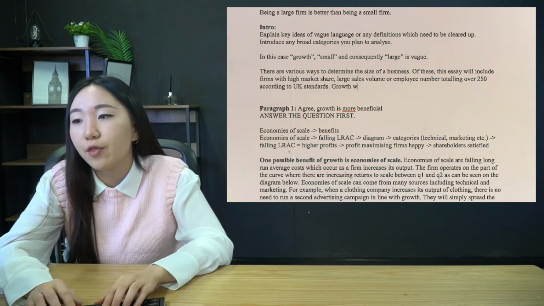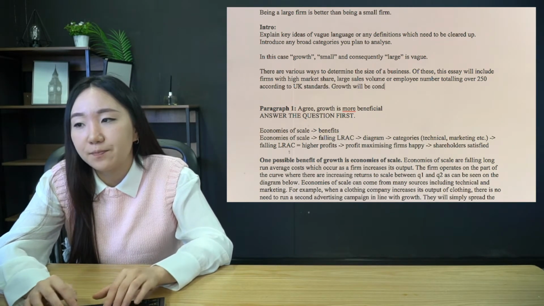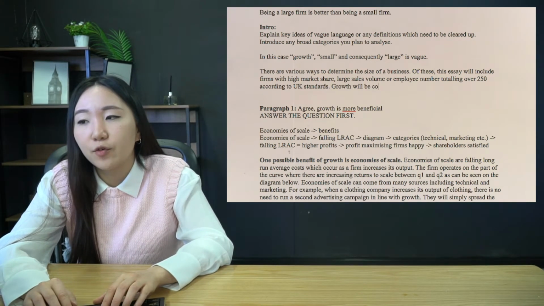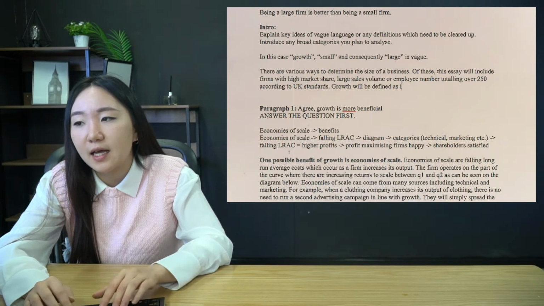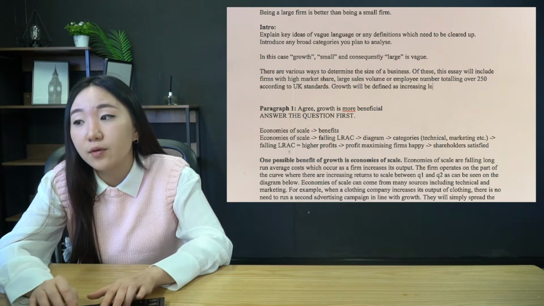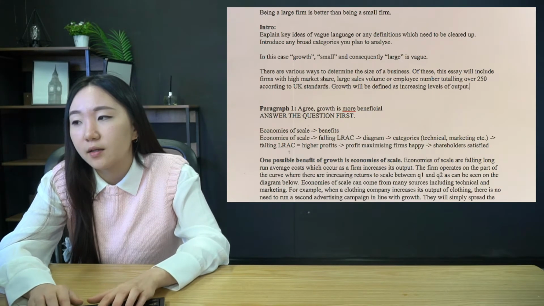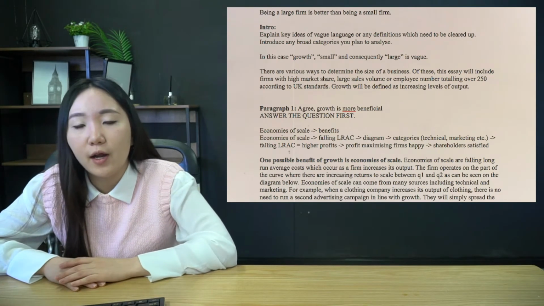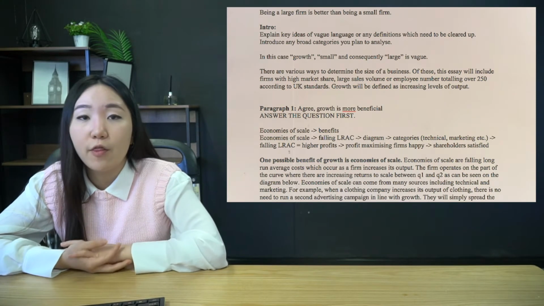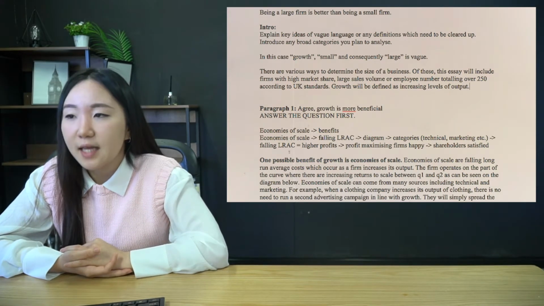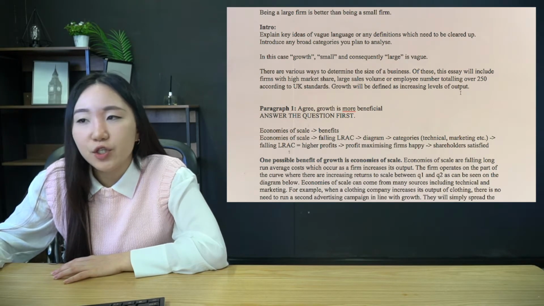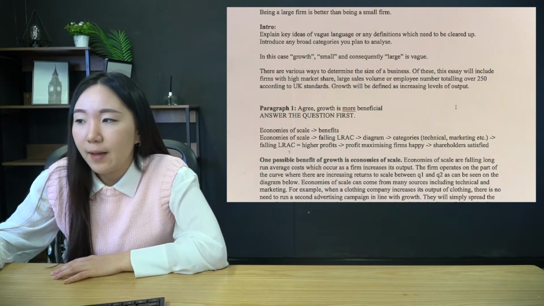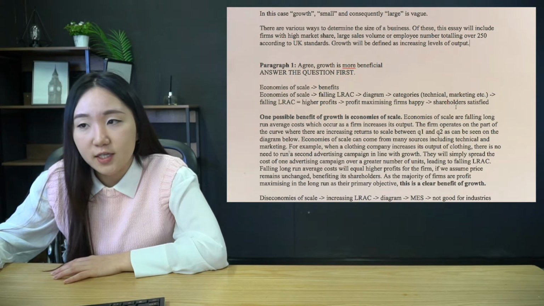Maybe something like, growth will be considered, an increase in growth will be defined as increasing levels of output, or something like that. So that can be another clarification of an otherwise vague sentence, yeah? Okay, so the intro is just to clear up anything. And then we go straight into the body.